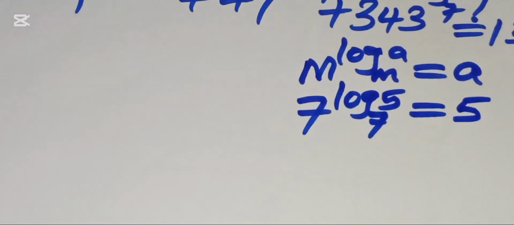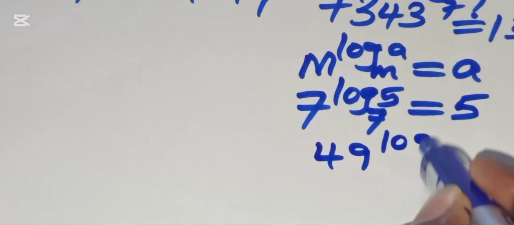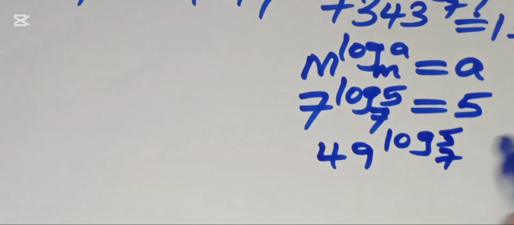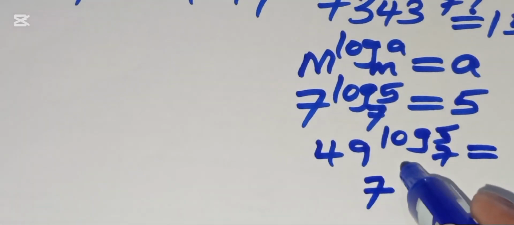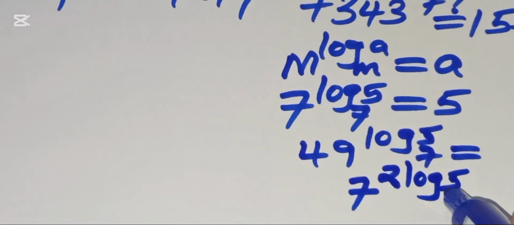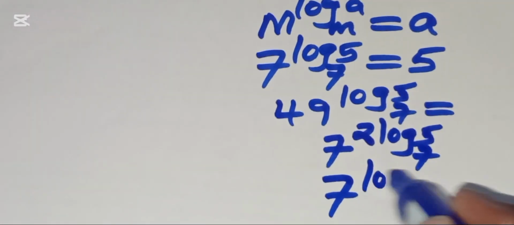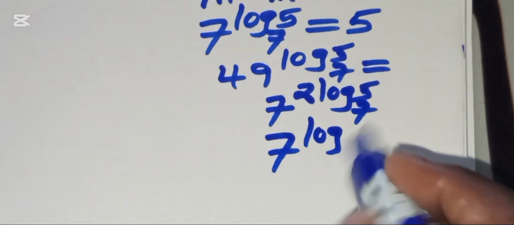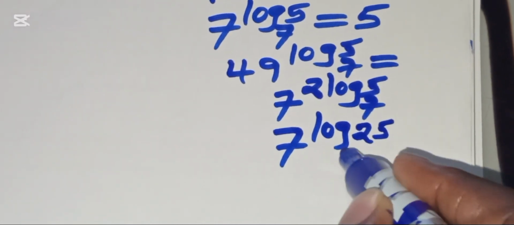Now we have 49 raised to the power log 5 to base 7. Remember, we can express 49 as 7 squared, so this is 7 raised to the power 2 log 5 to base 7, and this is the same thing as 7 raised to the power log 5 squared, which is 25, to base 7.